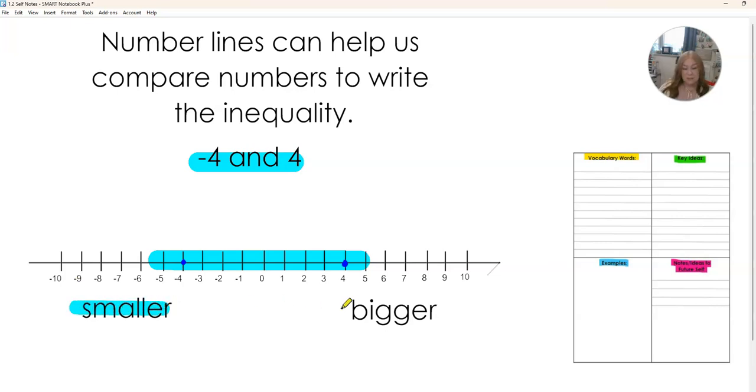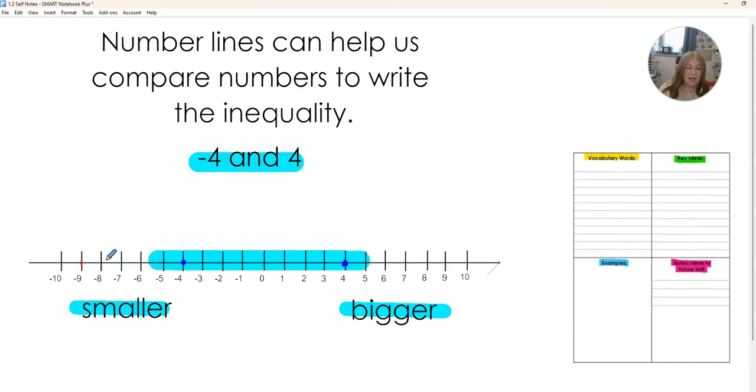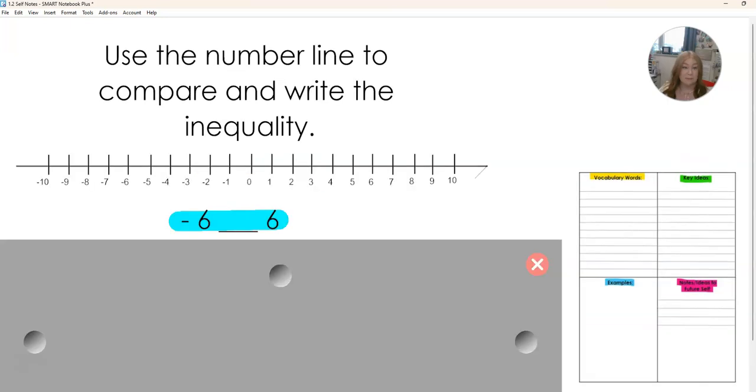Even if I have two negative numbers, if I have -9 and -8, so it sounds like 9 is bigger, but I know because it's left, it's actually smaller, right? I have less of that. And this one is bigger because it's more to the right. Right is bigger, left is smaller.